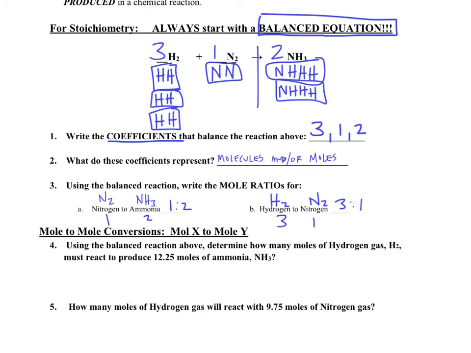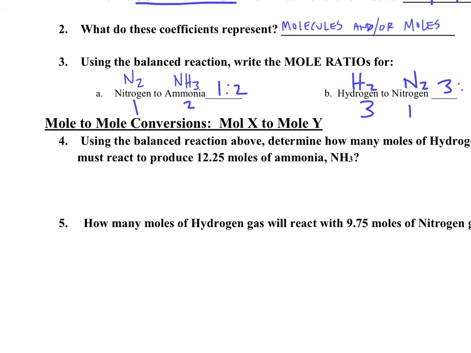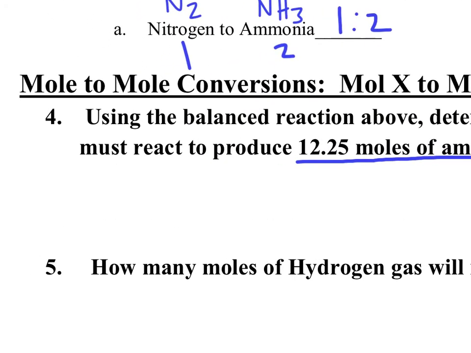So we can't forget those ratios. All right, so first things first, we're going to continue moving on like we've practiced. Identify what is given to you. So I'm given 12.25 moles of ammonia. So I'm going to start up my T-chart as 12.25 moles of ammonia, NH3.